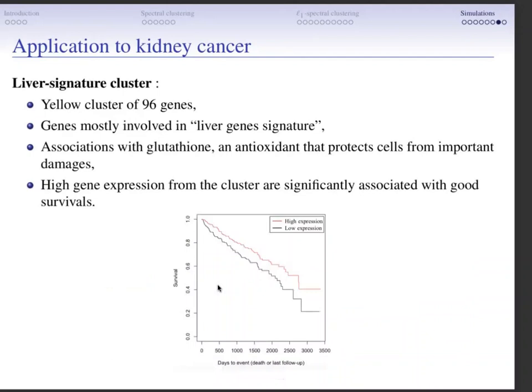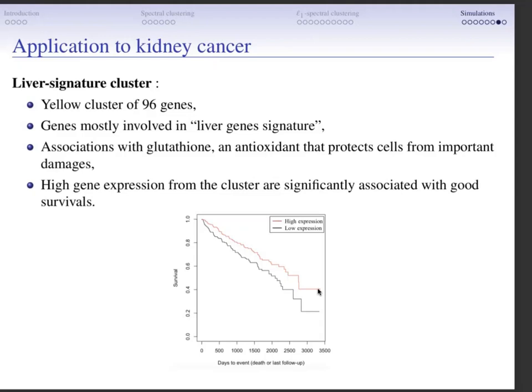You can also do this kind of analysis for the yellow cluster here, which is made of around 100 genes. Doing some survival analysis, we found that if you have a high gene expression from this cluster, it means that you have a significantly better survival compared to people with a low expression of the cluster.